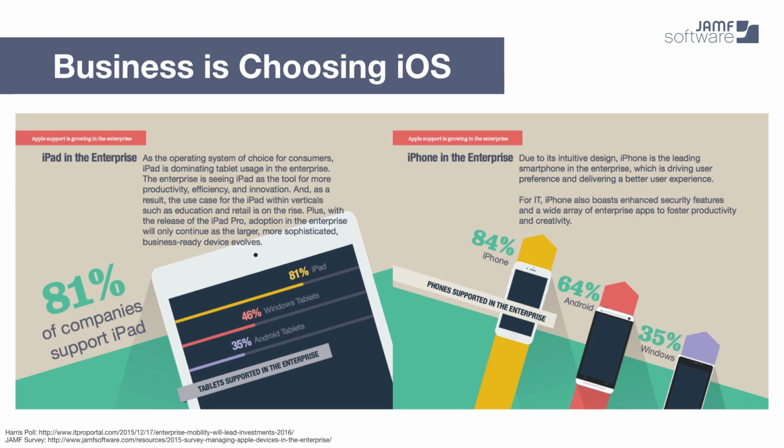So businesses are not simply choosing any mobile technology to support their workforce, they are adopting iOS at increasing rates because it's preferred by their users, it's easy to manage, and it's secure. It's really clear that iOS is becoming the choice for businesses.